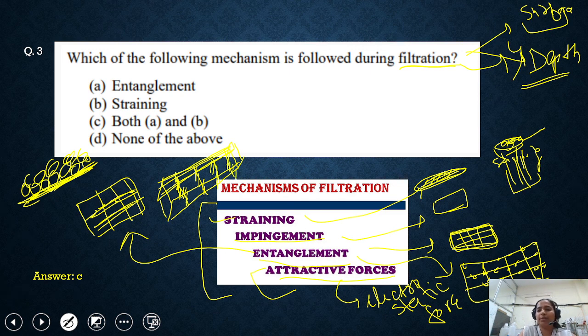So this is depth filtration and this one is surface filtration. These mechanisms can be divided into both depth filtration and surface filtration.